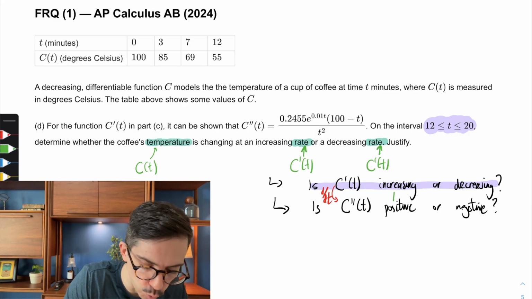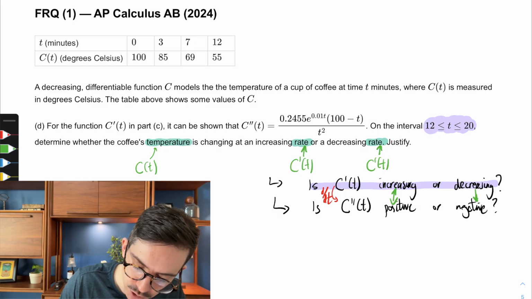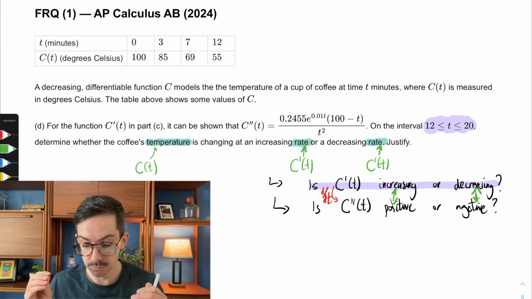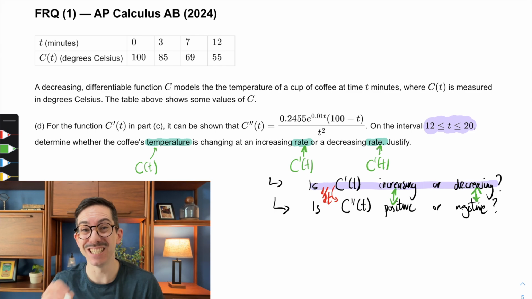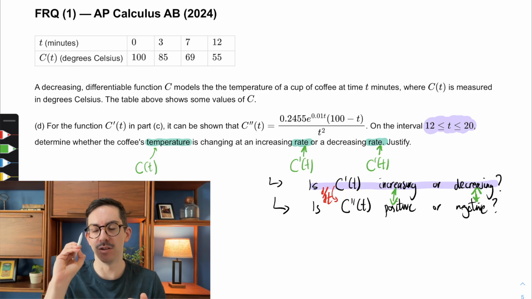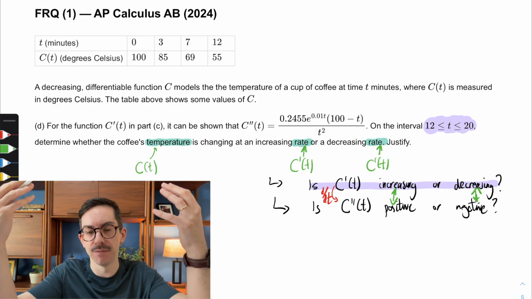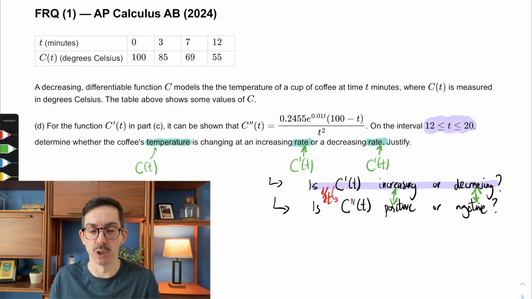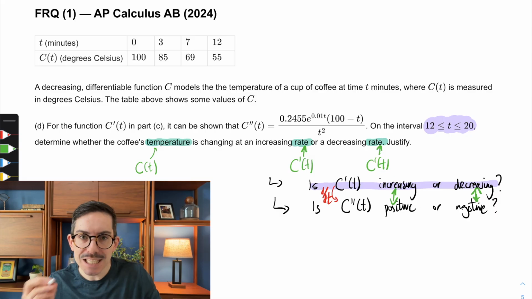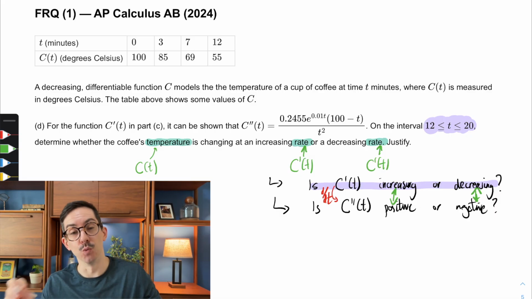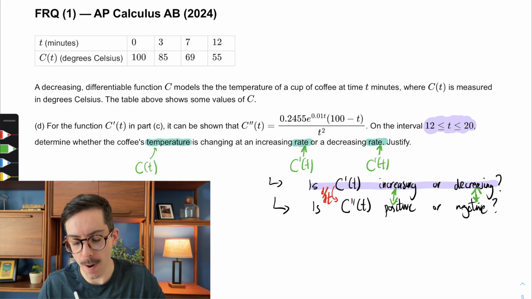So we are translating this question about C prime into a corresponding question about C double prime. I can graph C double prime and convincingly say whether the graph is fully above the horizontal axis or fully below it.